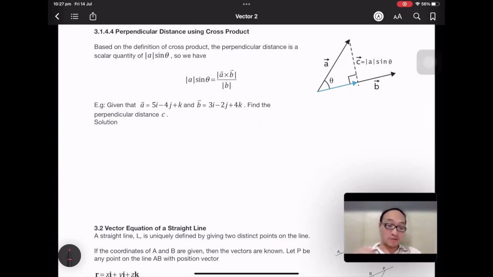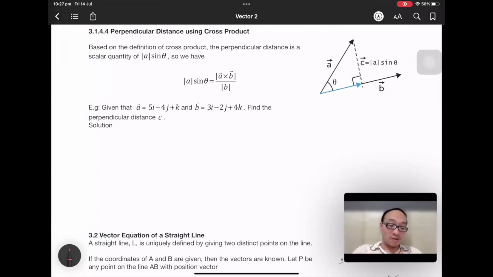By the definition of the cross product, if you still remember, A cross B equals magnitude A, magnitude B, sine theta. In this case, the perpendicular distance is A sine theta.